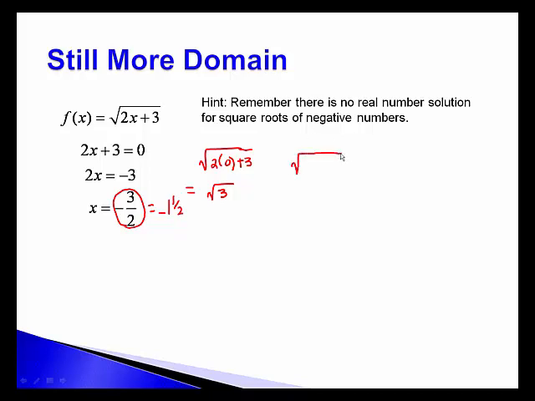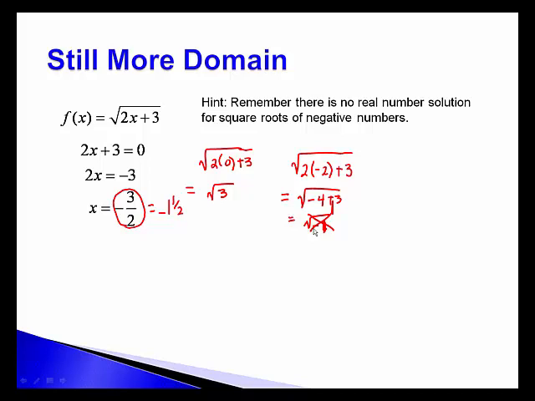Well, if I took the square root of 2 times negative 2 plus 3, that gives us the square root of negative 4 plus 3. So that's equal to the square root of a negative 1. And that's our no-no. We are not going to be able to take the square root of a negative number and end up with a real number solution. So that's the one we need to eliminate.